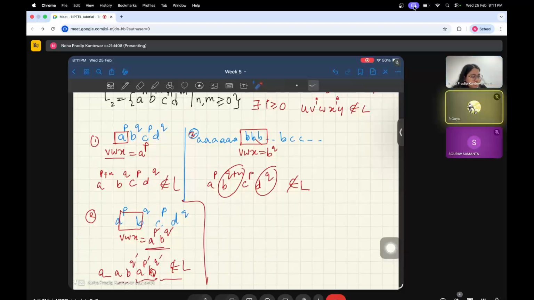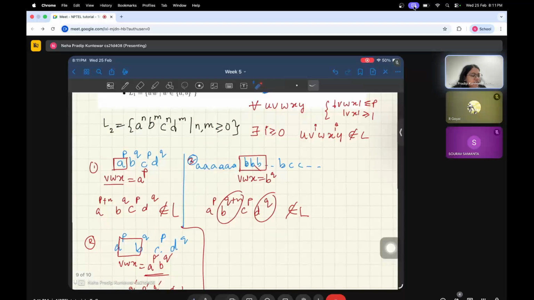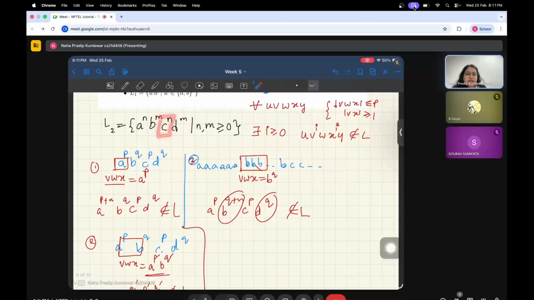And finally the case is it's entirely in C. Again you'll have similar arguments. So it's a lot of cases, but the analysis is exactly the same, and we have a finite number of cases.